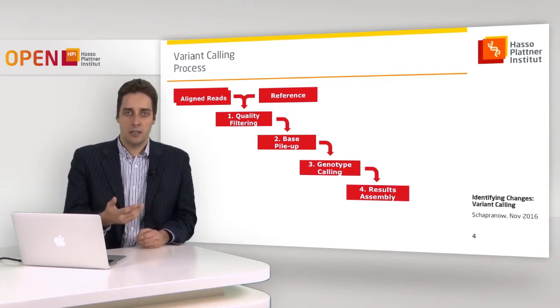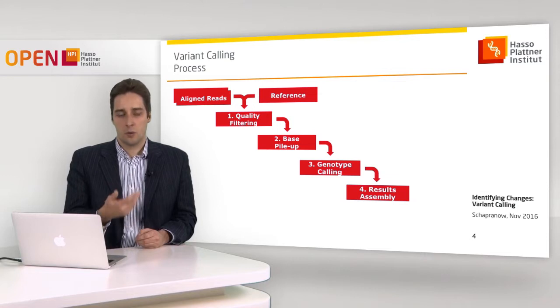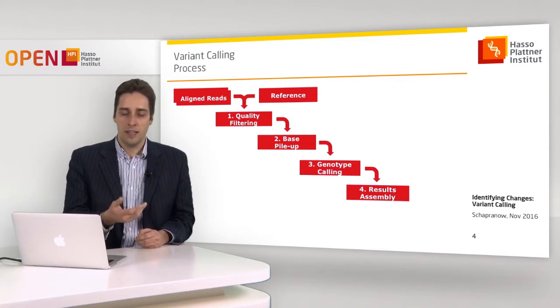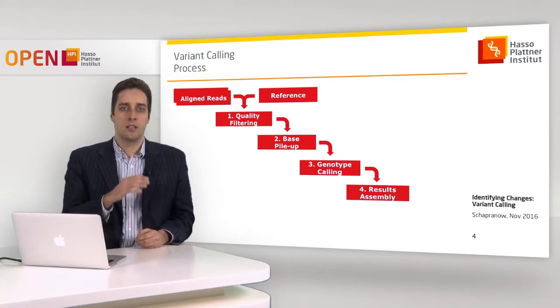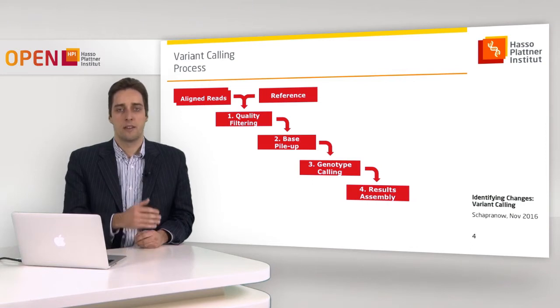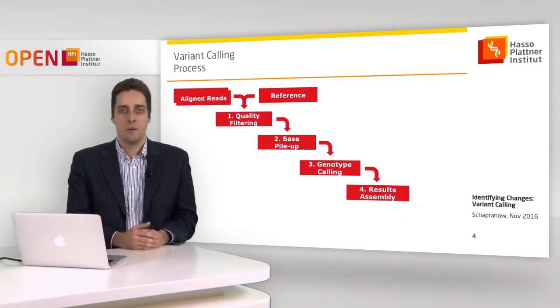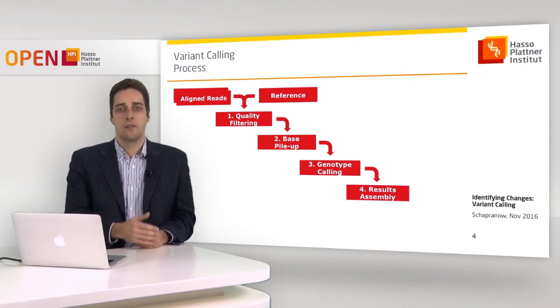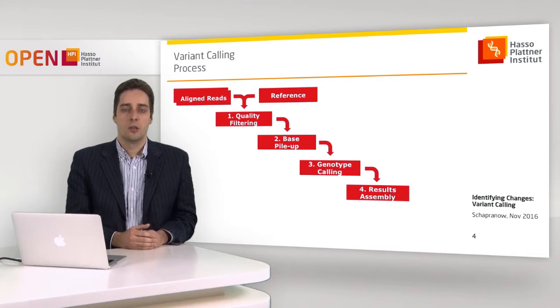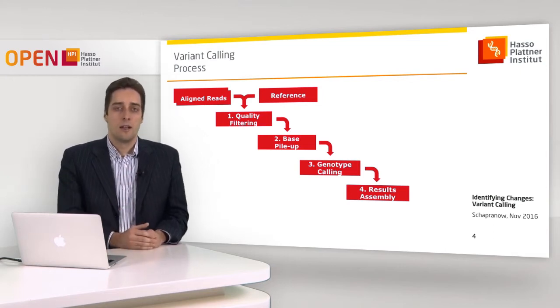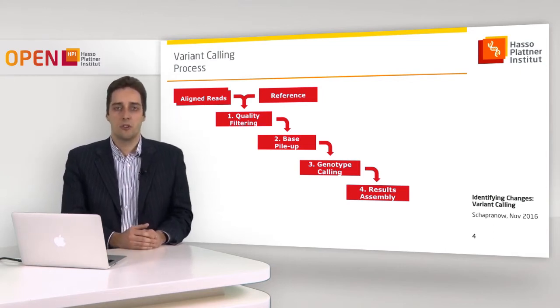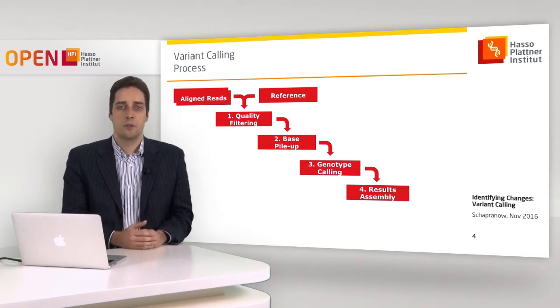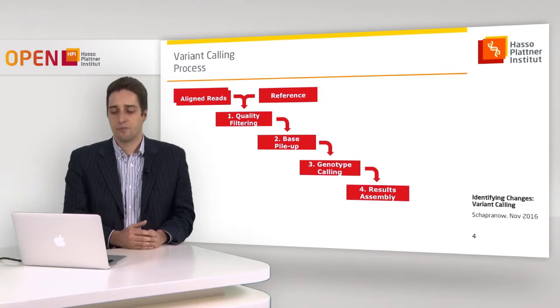If you have a clinical environment, you want to have a certain quality assurance. Therefore, you will filter everything out less than a certain threshold. The next phase is the so-called base pileup, where you will find out the individual characteristics of a certain region, and then followed by a so-called genotype calling to identify the most probable representation at that region. So this involves a lot of probability measures. And in the end, you will assemble the results.